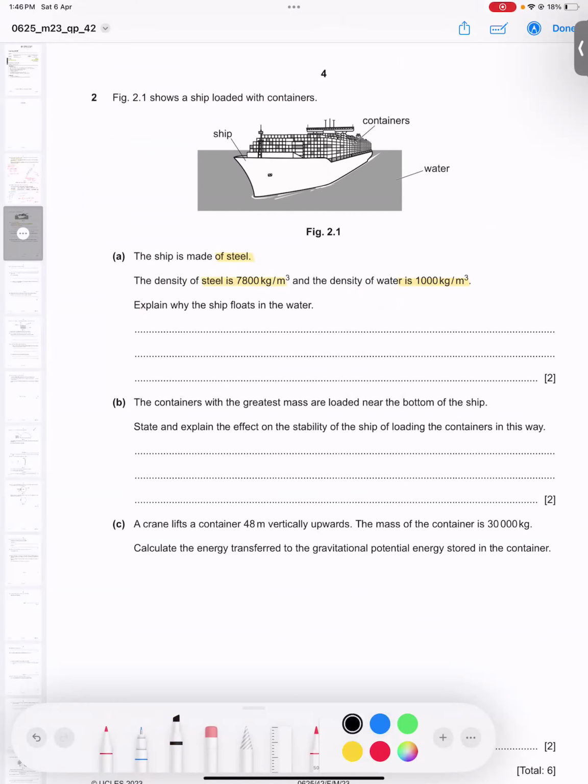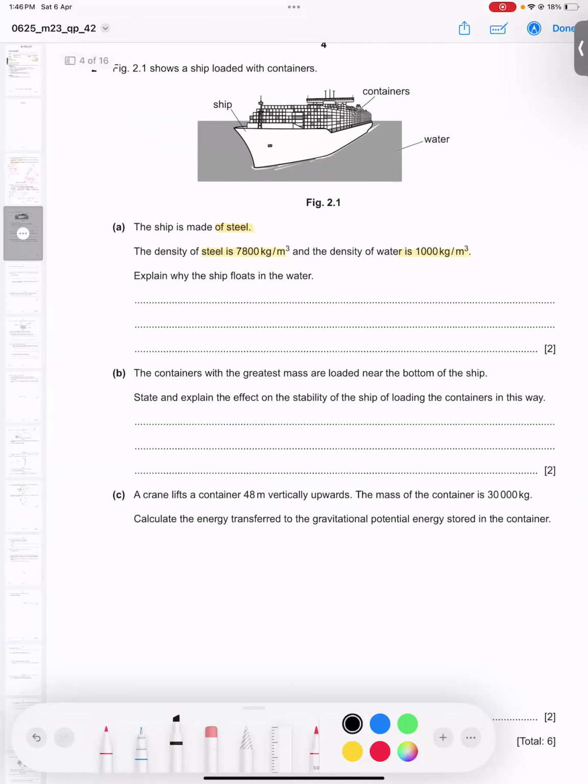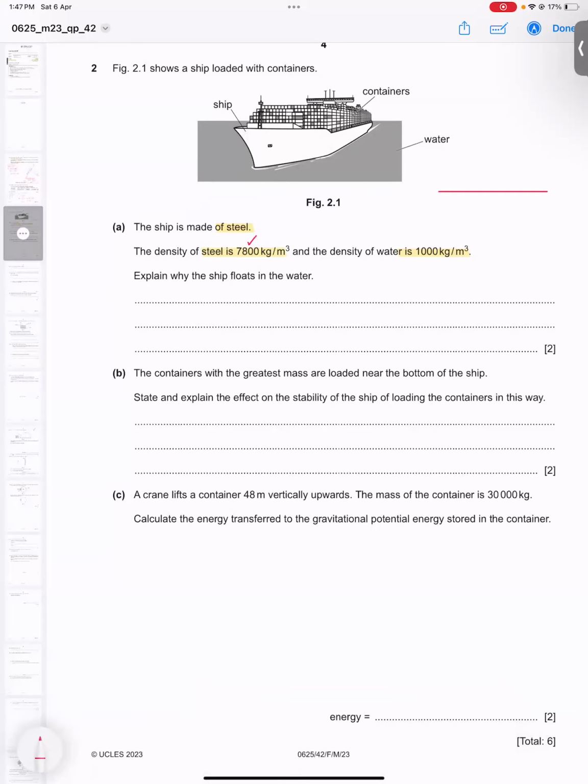By rule, all those things will sink into the water that have a density more than water. And all those things will float on the surface of the water whose density is less than water. But here you can see the density of the steel is 7800 and density of water is 1000.